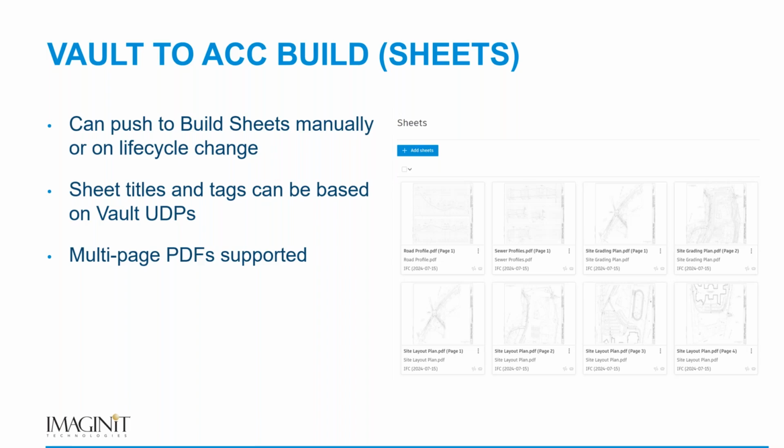So we were able to take that user-defined property, which was really being driven by the DWG files, and then pass that on to the sheet titles inside of Build. So that's absolutely supported, as well as tags. We can add tags, as many as you want. And the other thing that I will mention is multi-page PDFs are supported with this as well.